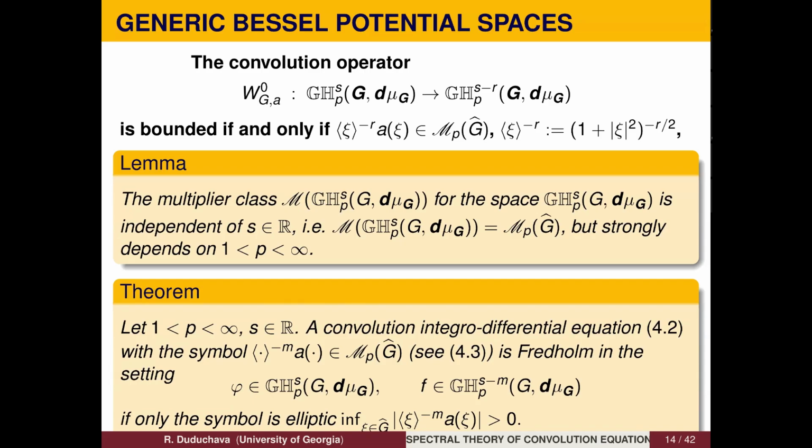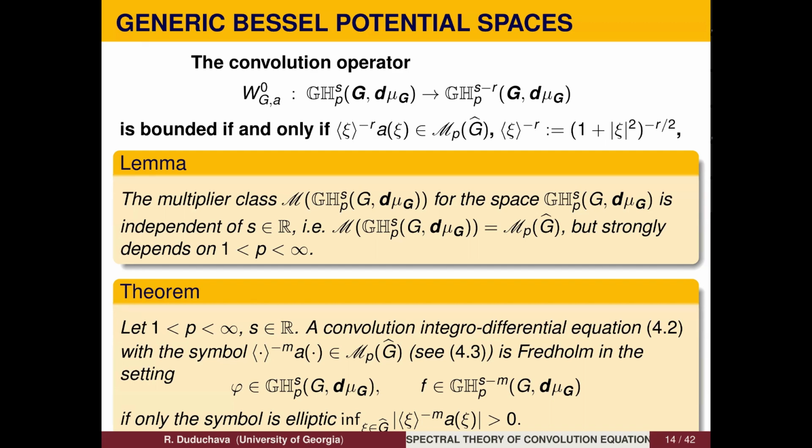The multiplier class for the generic Bessel potential space is independent of s. If it is bounded in LP, then it is bounded in all Bessel potential spaces. Again, as in the case of classical Bessel potential space. So we have no problems with multipliers, because if we have the theorems on multipliers in LP, we have it in all generic Bessel potential spaces.